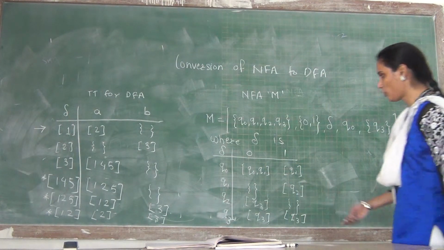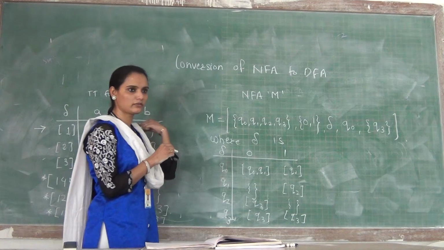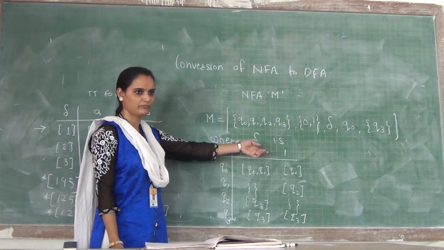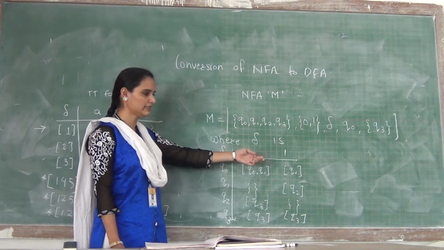Okay. So from that transition table we are going to draw the NFA. Okay. So draw the NFA first.